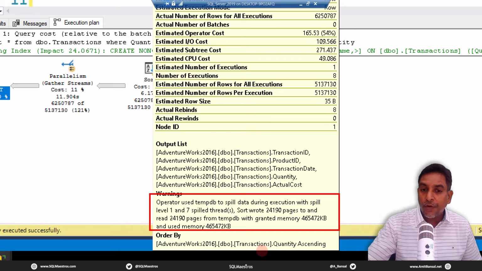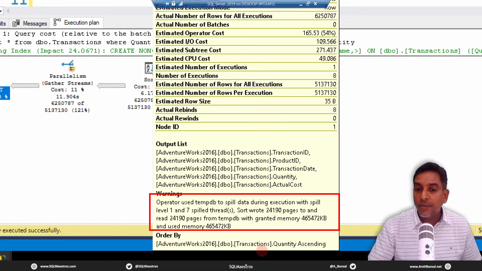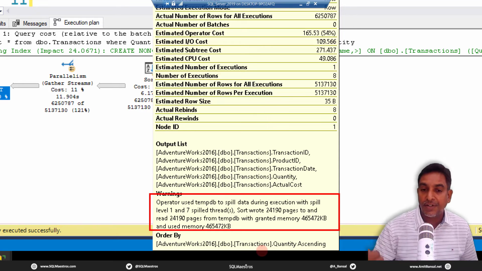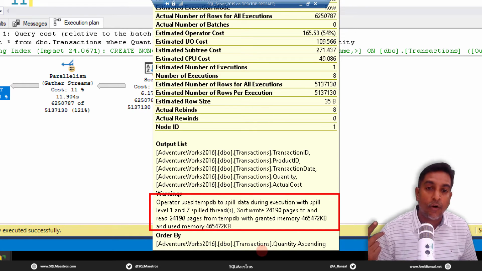I think this is from SQL Server 2016 onwards that SQL Server gives you more information about how many threads spilled, how many pages were written to and read, and some memory information. I remember from earlier versions of SQL Server, we just used to get information like, okay, spilling happened with the spill level, etc., but no information about threads or pages or memory.